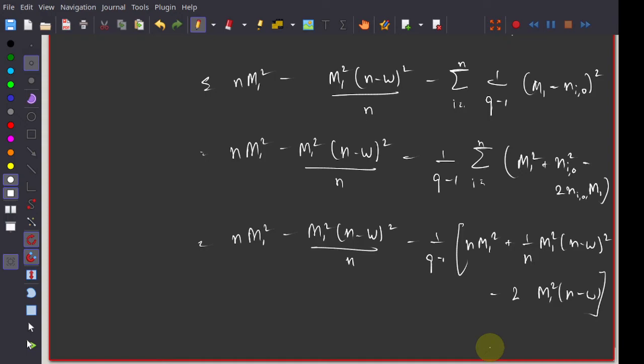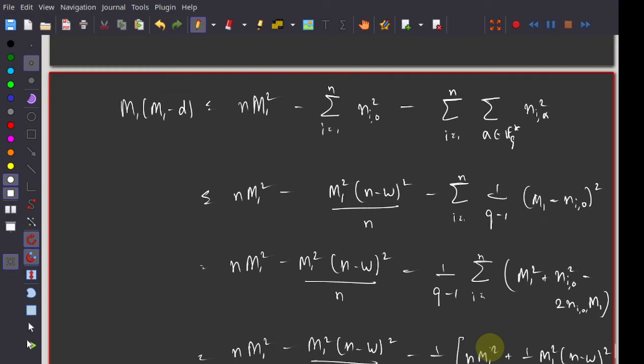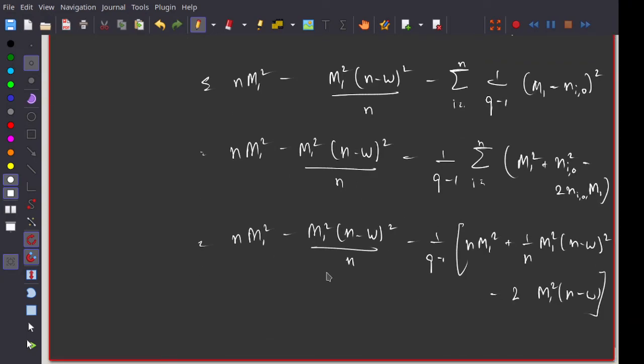And whatever. So basically, on the left hand side I have m1 into m1 minus d. On the right hand side I have this big complicated expression. So just maybe to save time, and it's not terribly insightful, it is just routine simplification.